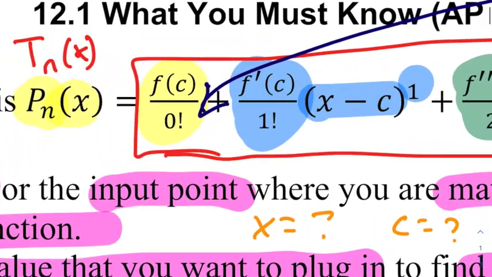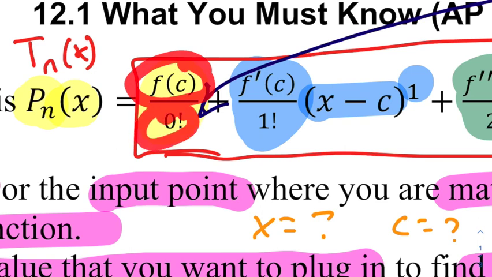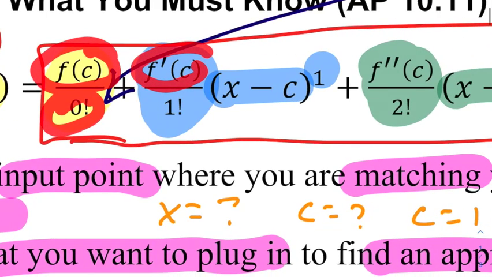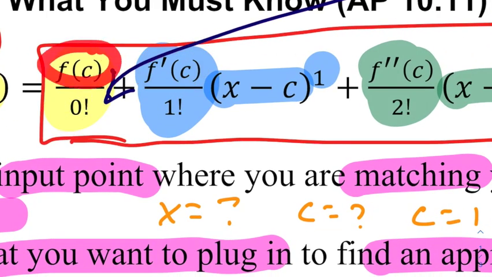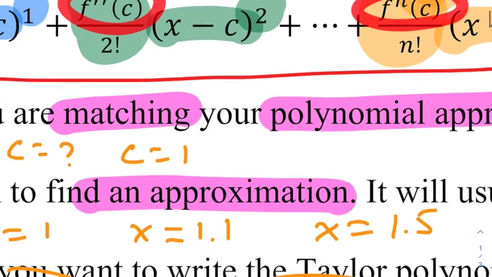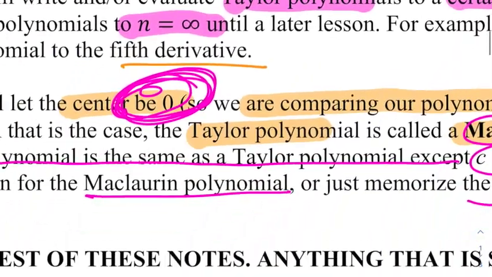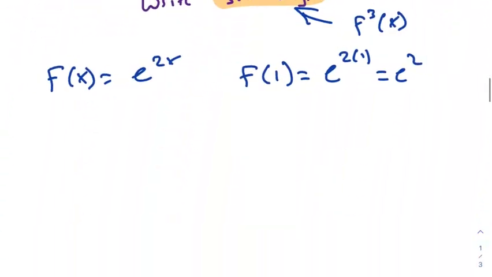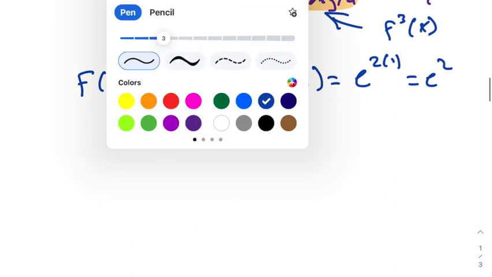Because up here in our formula, the very first thing we're going to write is the function evaluated at the center divided by 1. Okay, we'll write all this out in a few minutes, but we're just going to go ahead and figure all these things out on top. The function evaluated at c, the first derivative evaluated at c, the second derivative evaluated at c, all the way up to the third one, because that's as far as we're asked to go in this set of instructions.